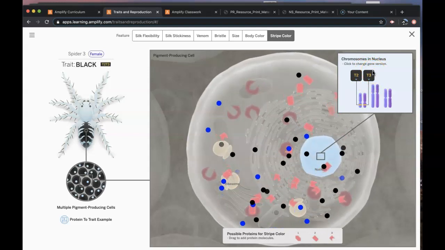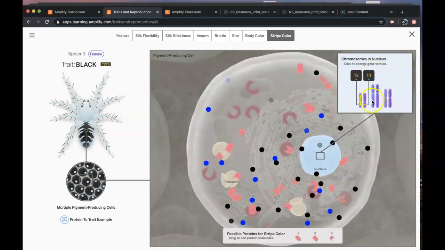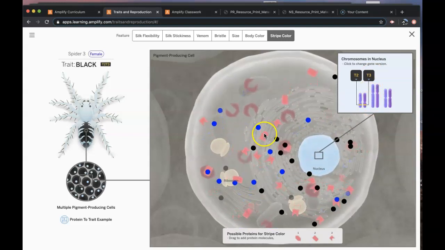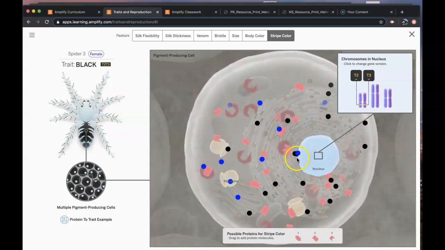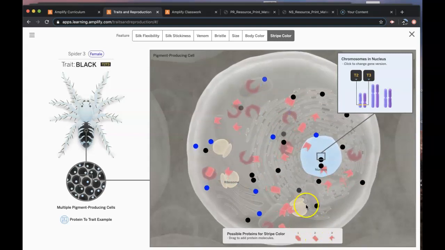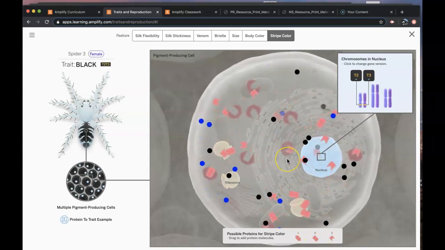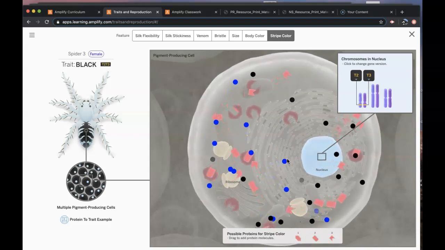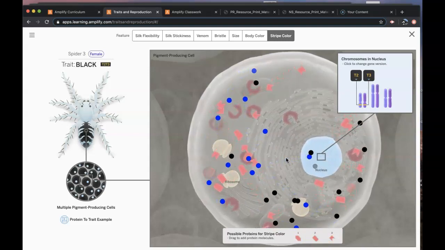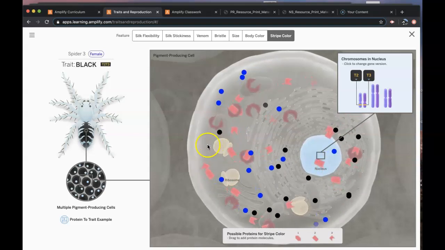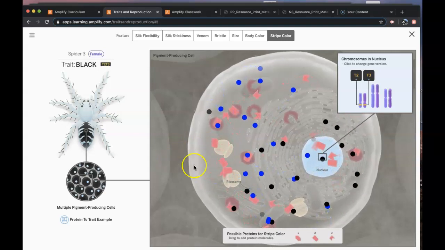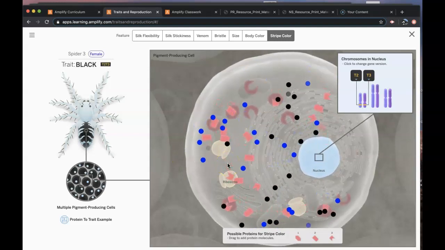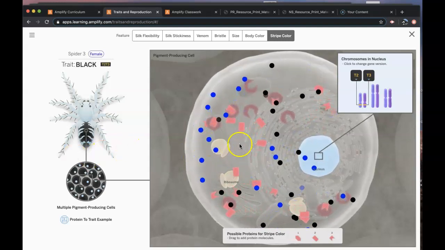So the cell has instructions to make both protein molecules. And so you see the rounded T2 protein molecule and the pointy T3 protein molecule. So the cell produces blue and black pigment, and then the black sort of dominates. When you mix black and blue, you just get black. So we have a black stripe.